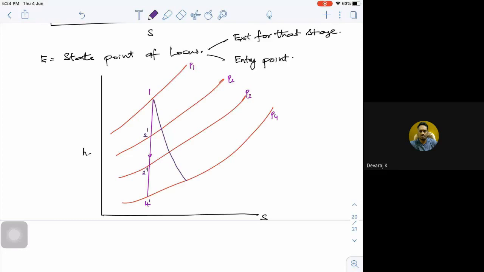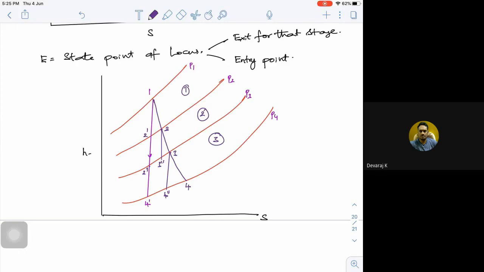Now, if there is an isentropic expansion from here in that particular stage, it may come to a point I can call 3 double dash, and the actual point is 3. If I take the third stage, this will be 4 double dash and this will be 4. So first stage, second stage, and I can go for n number of multiple stages.